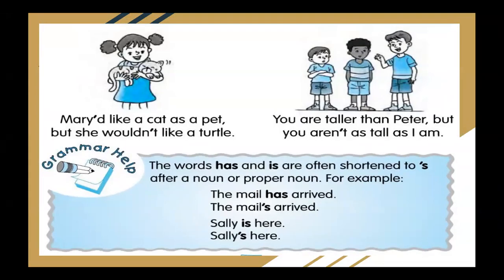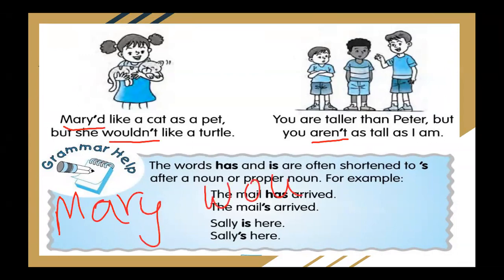Now see another one over here. This also you are familiar with, right? Are not becomes aren't. Would not becomes wouldn't. Here see Mary would. Mary would becomes, pay attention over here, all we are omitting. Apostrophe. Mary apostrophe d.